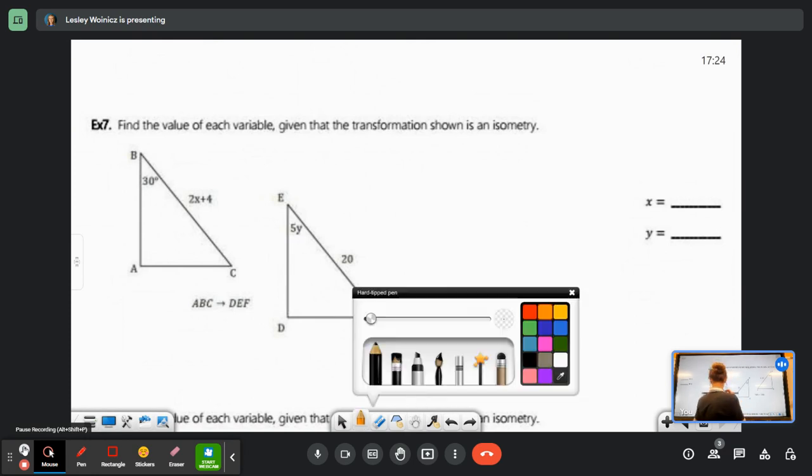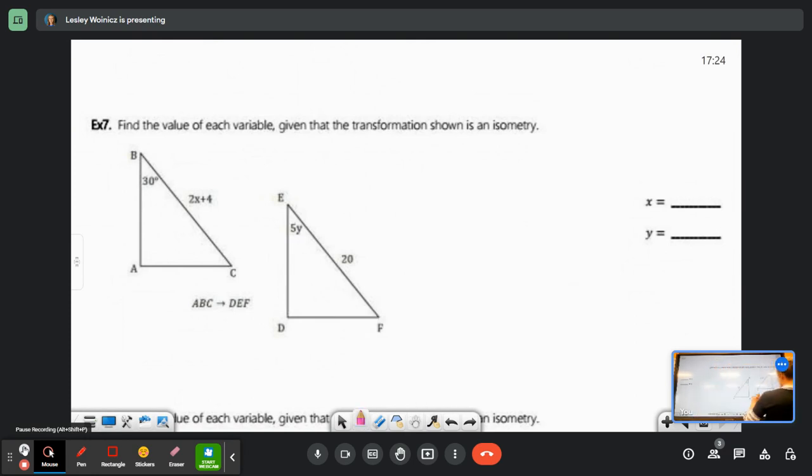Okay, so looking at this rule, I'm looking for angle B. Oops, that's not the right symbol. Angle B. So B should map to E. These two should be congruent because we're told that this is an isometry.